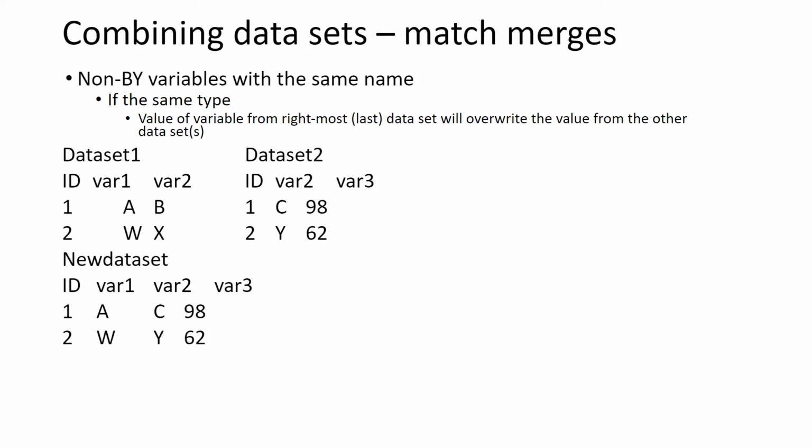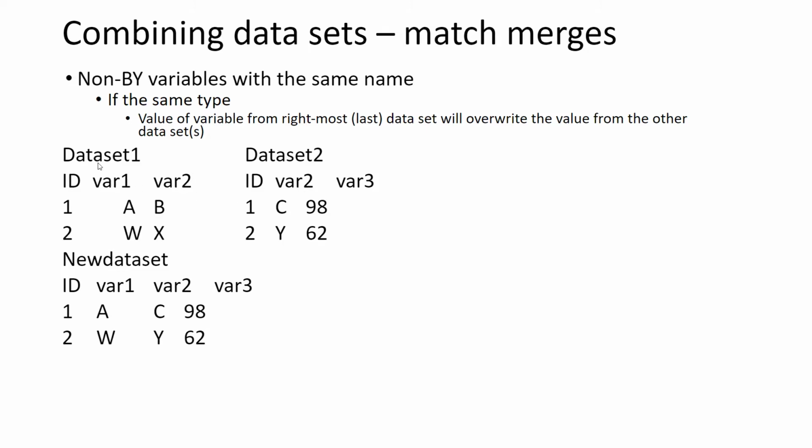So let's look at the first instance, where non-by variables have the same name. If you have the same name in both data sets and you're merging by ID, one will get replaced.